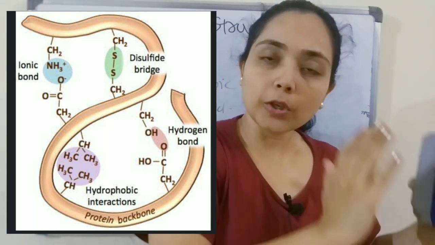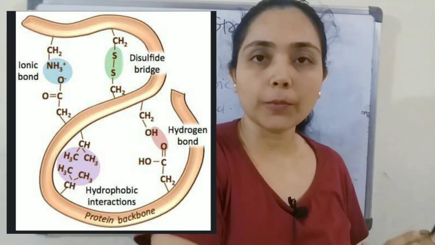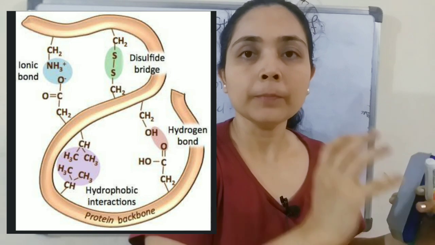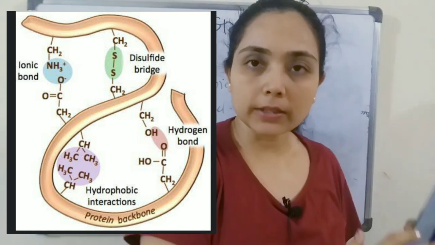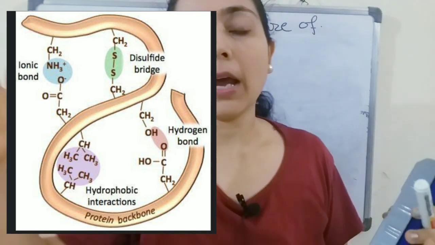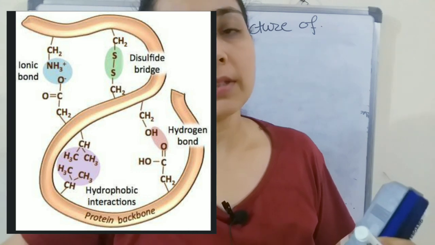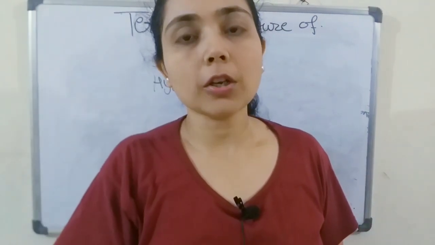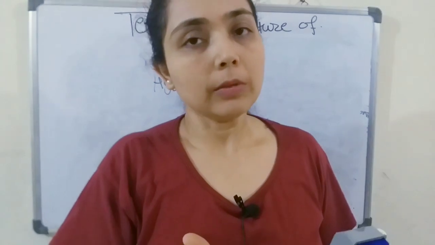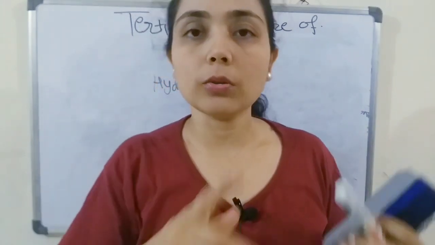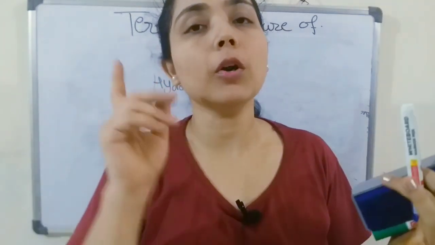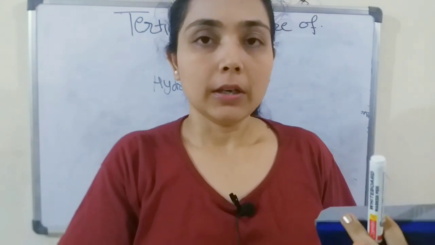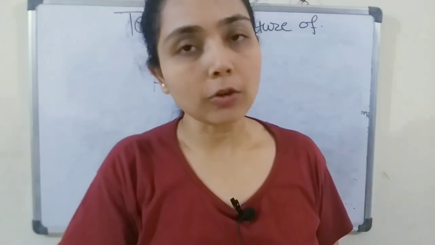So non-polar groups in the interior means hydrophobic interactions between the side chains, while the polar or ionic groups are present on the exterior. This is the introduction of the tertiary structure of proteins and all the interactions involved: the disulfide bond, hydrogen bond, ionic interactions and hydrophobic interactions.